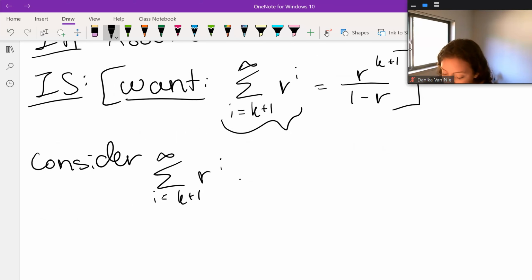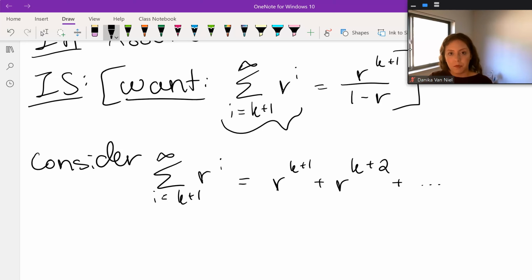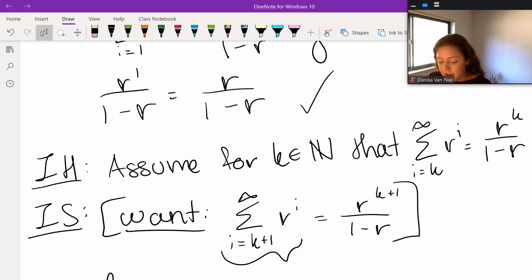Okay? So since this is summation, what I'm thinking about is this looks like r to the k plus 1 plus r to the k plus 2 plus ... forever and ever and ever, right? So that's what this looks like. So in my inductive hypothesis, I have something that looks like this.